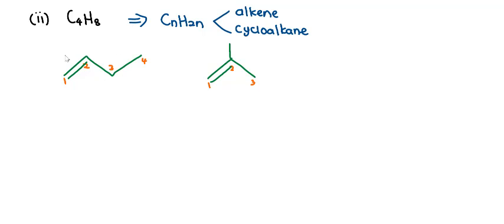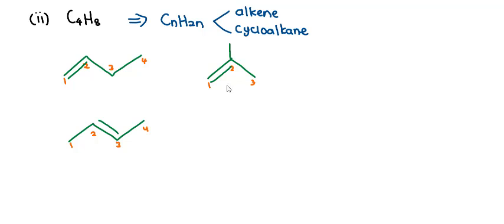Next, focus on the first structure here. The position of the carbon-carbon double bond is between carbon number 1 and carbon number 2. If I still use the same longest chain, 1, 2, 3, 4, but change the position of the double bond to between carbon number 2 and carbon number 3, this is a positional isomer because I changed the position of the functional group, which is the carbon-carbon double bond.